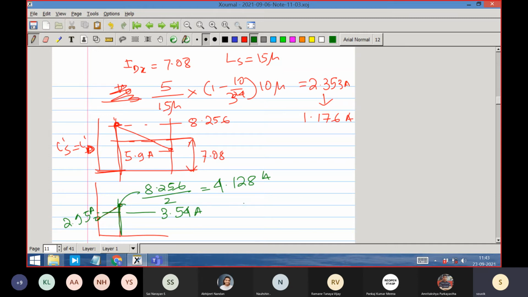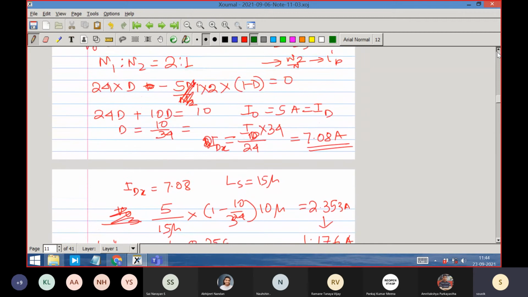You can cross check the power. It should happen that they are equal. Output power: 5 into 5 is equal to 25 watt. Input power is how much? Input voltage was how much? I said 24.